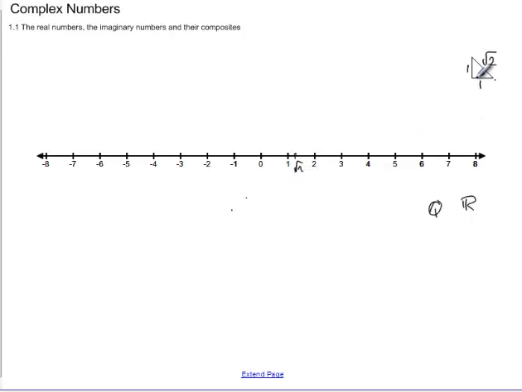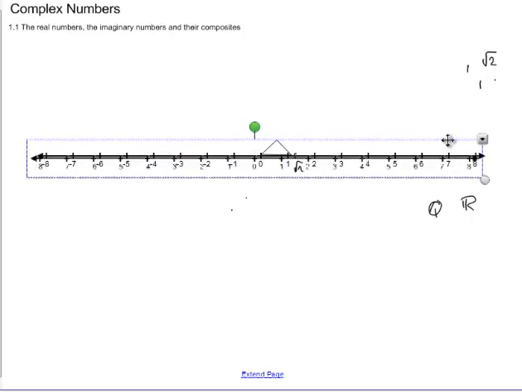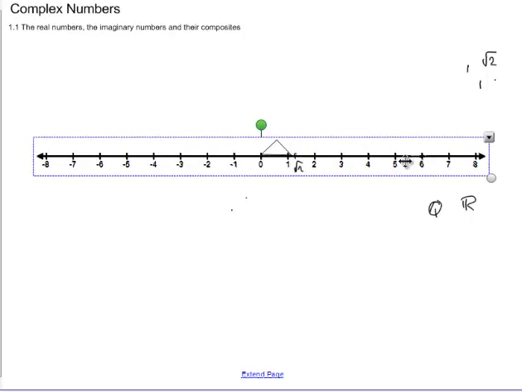That means that this kind of triangle, which you can put here and then rotate this way, with the hypotenuse from 0 to there, you will see that after 1, we've got something there which we can call the square root of 2.